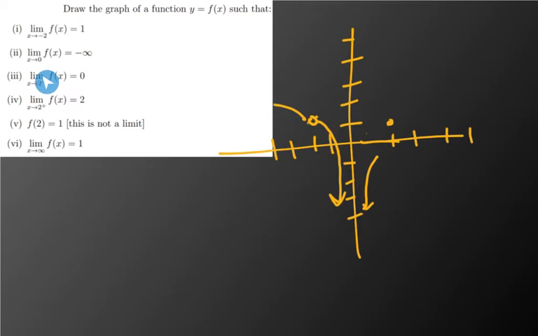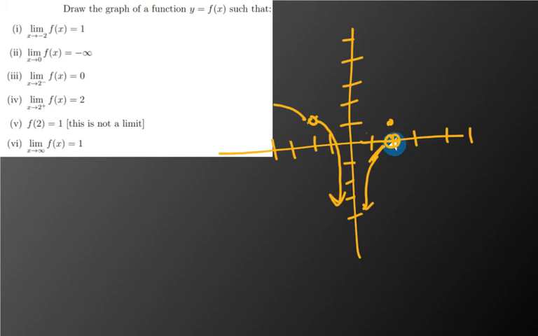Then this one is a limit from the left because of the negative. So it's saying as you approach 2 from the left, the function value is 0. So as we come into 2, we can see that we're getting close to 0.